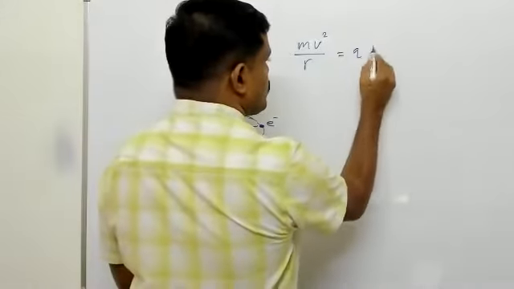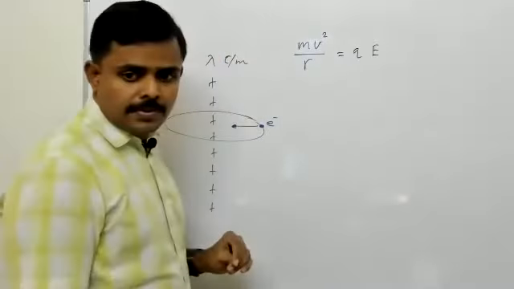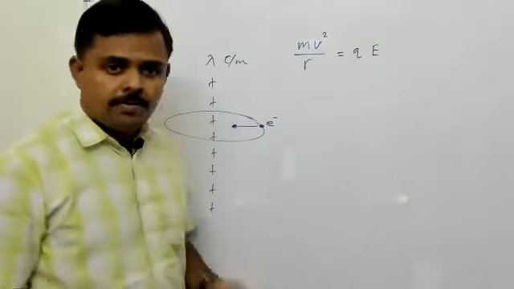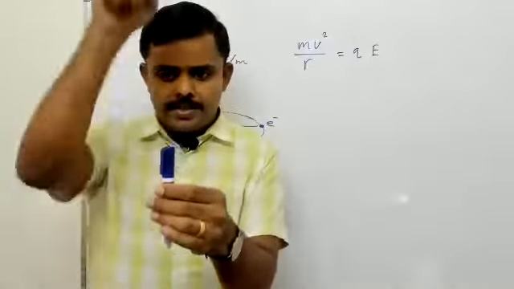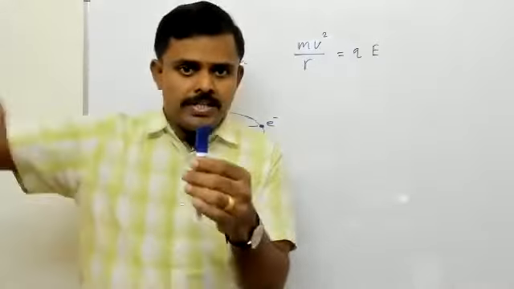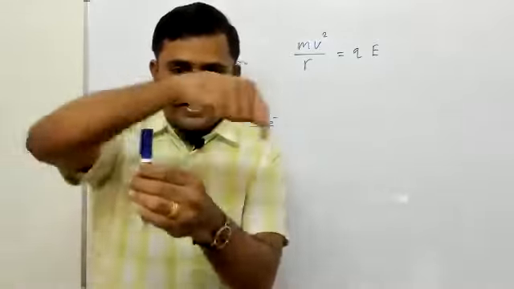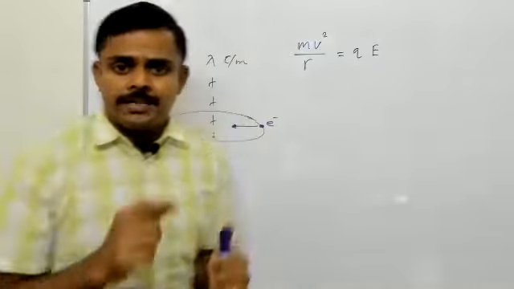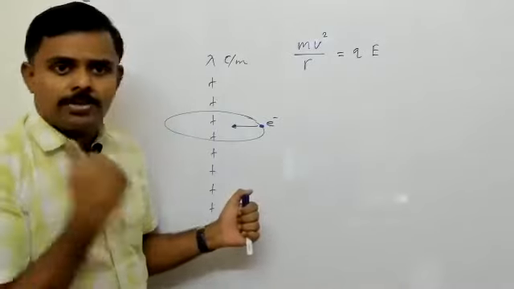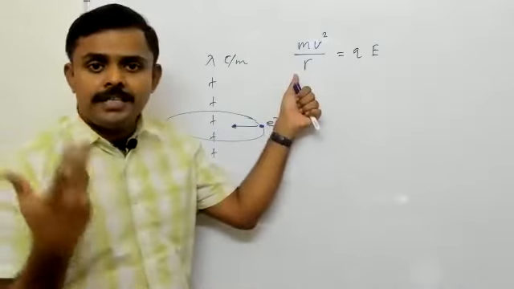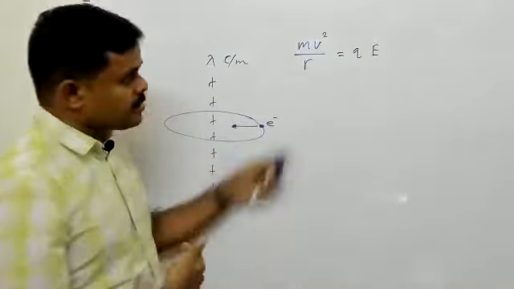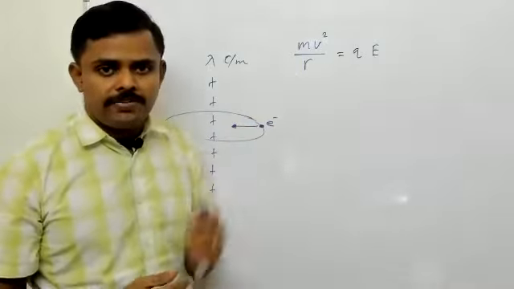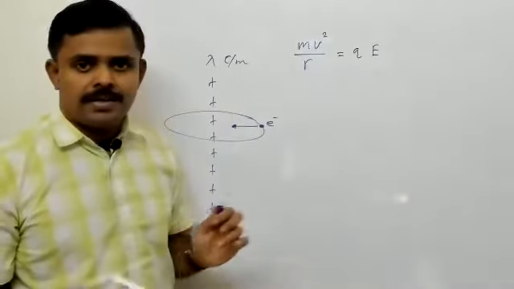We have a line of charges, and an electron revolving around it. Whenever you hear electron and revolution, centripetal force should come to your mind. It is provided by the electrostatic force.